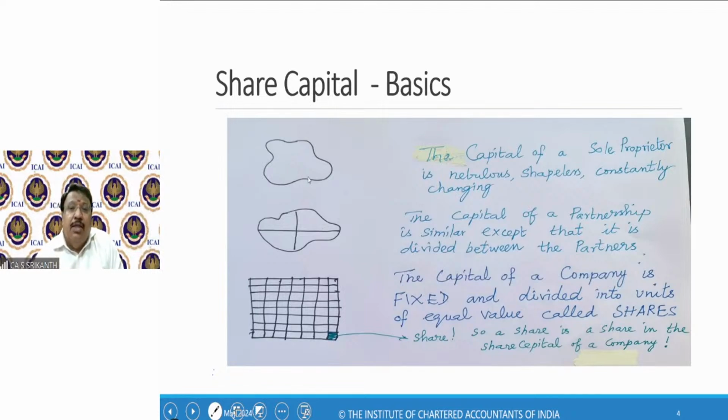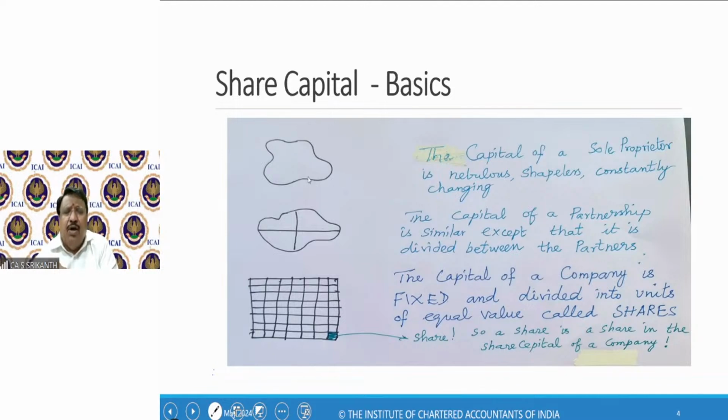This is for the normal partnership, not the limited liability partnership. For an LLP, it will be different; the liability of a partner is limited. But for a non-LLP partnership, the liability of a partner is unlimited. He must pay as much as is due, and his personal assets can be taken.